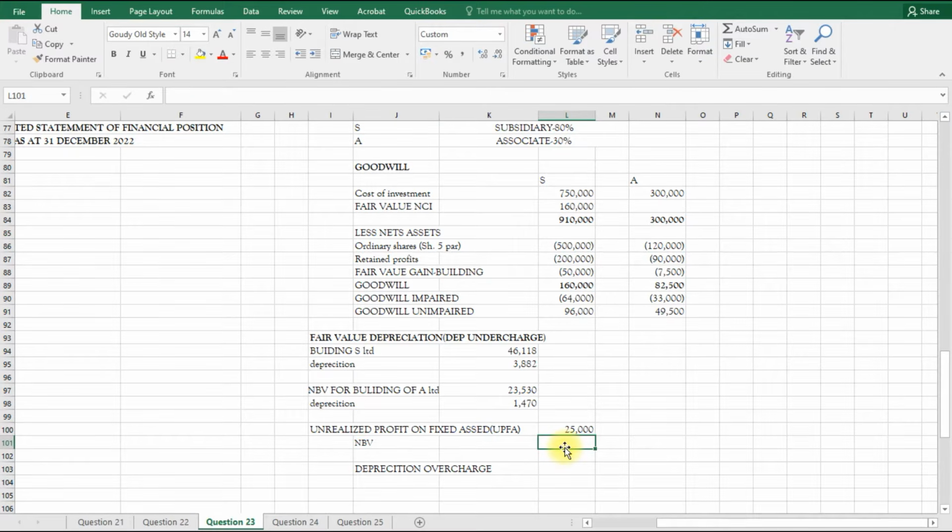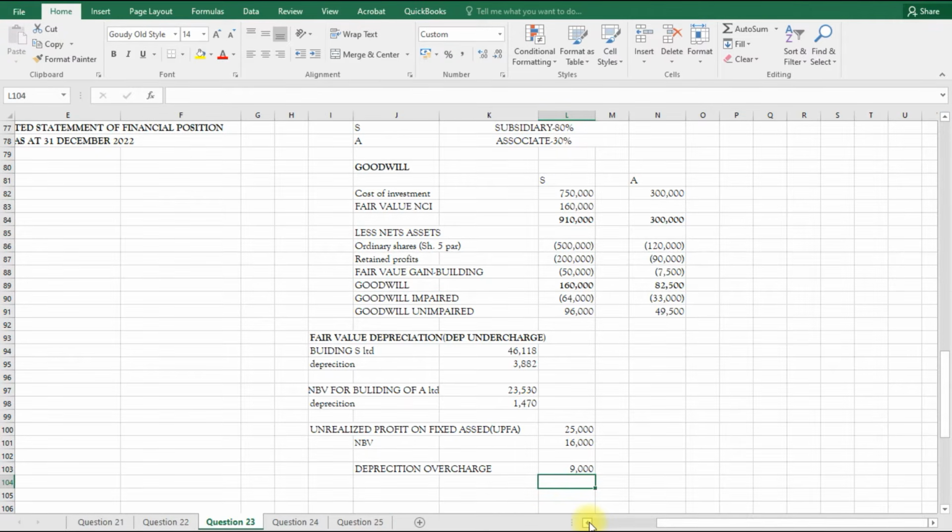Our net book value will be this value multiplied by (1 minus 20%, 0.2), raised to the power 2, because it has depreciated for 2 years using the reducing balance. So we have 16,000 as our net book value. In this case we calculate our depreciation undercharge as this value minus this value, so our depreciation undercharge is 9,000.